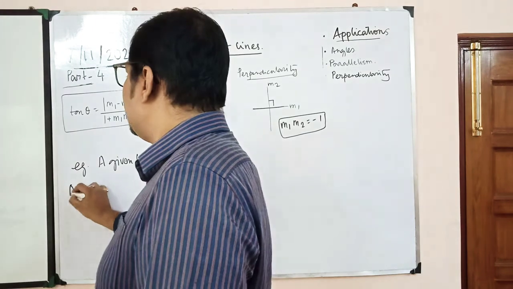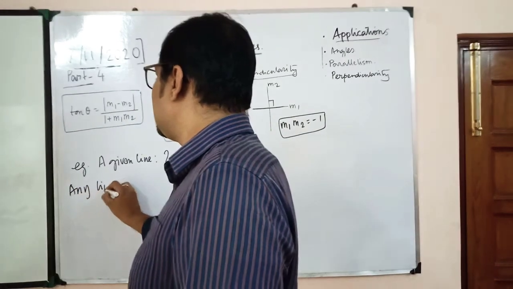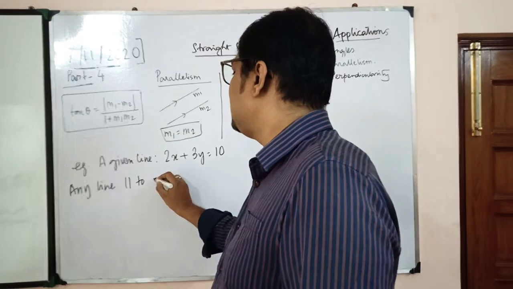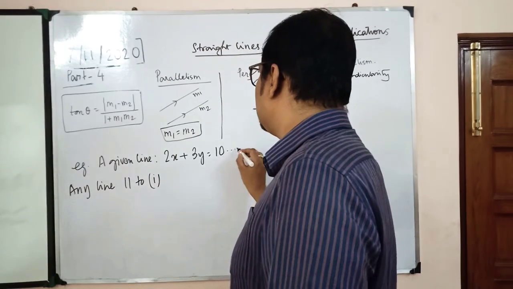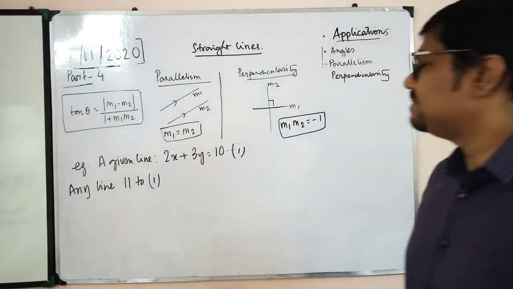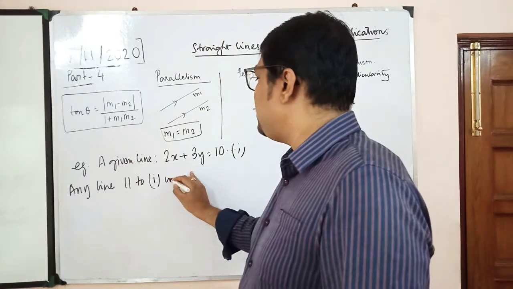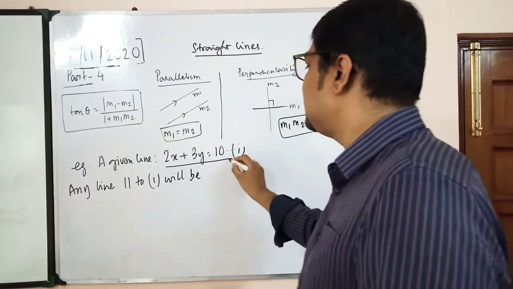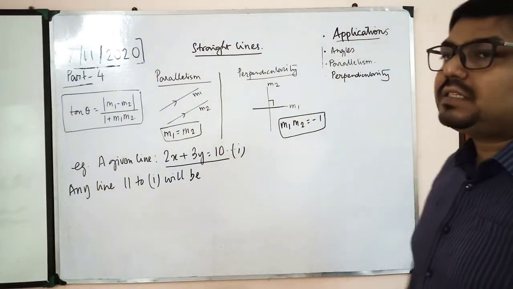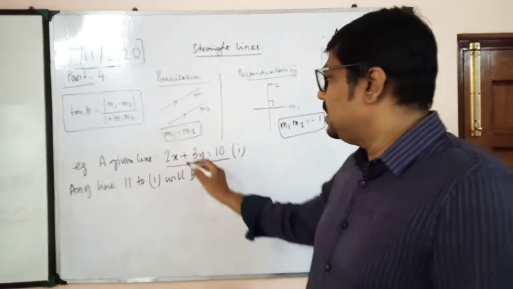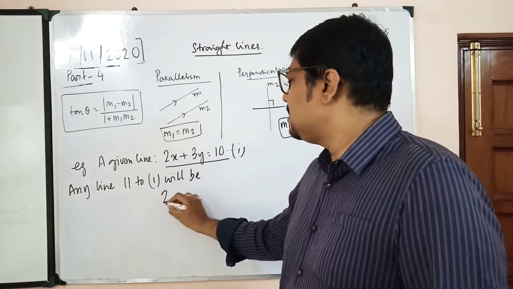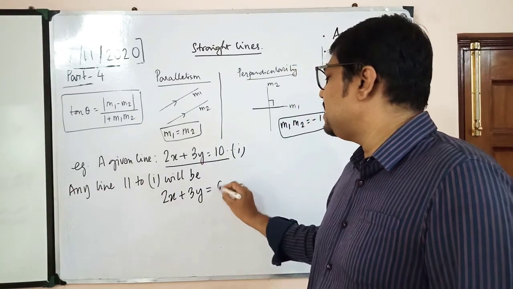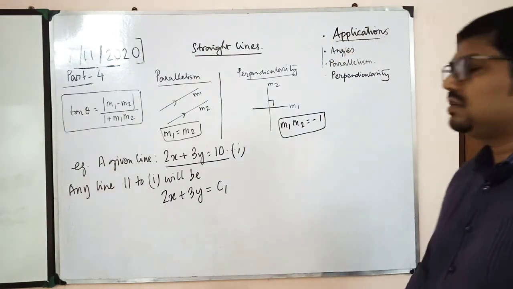Any line parallel to this one will be in the form of, how to write this? You retain the same coefficients first of all. So 2x and 3y, you retain the same coefficients, and only the constant you put as another something like C1.